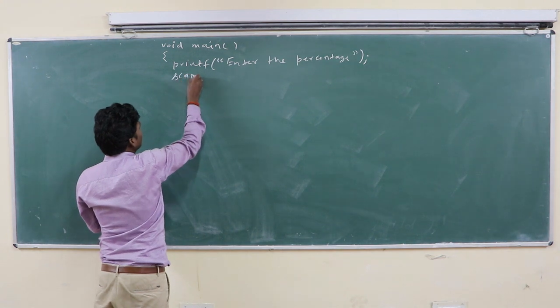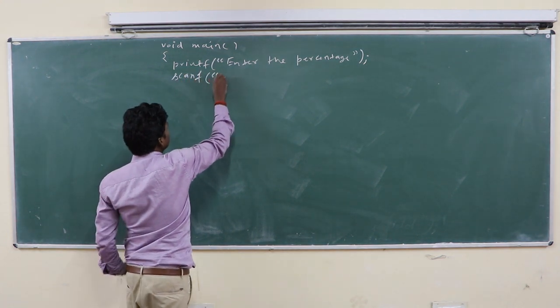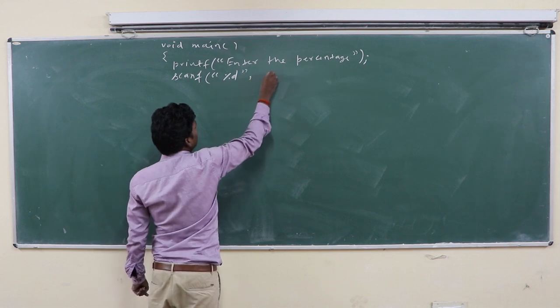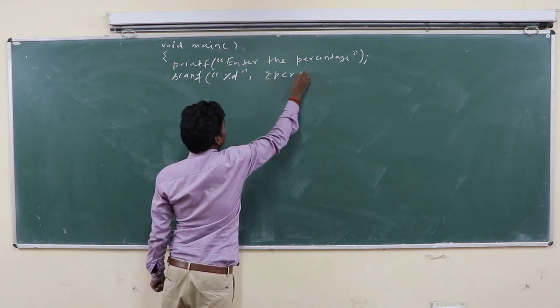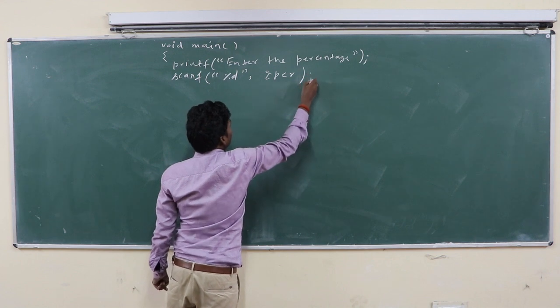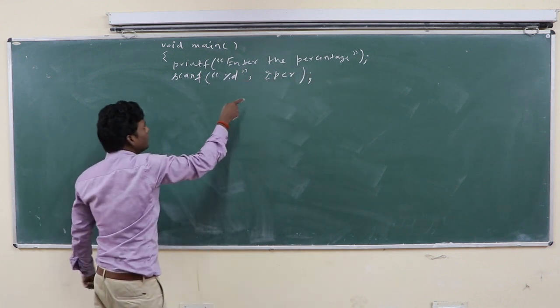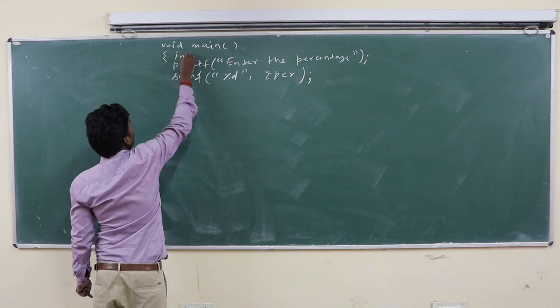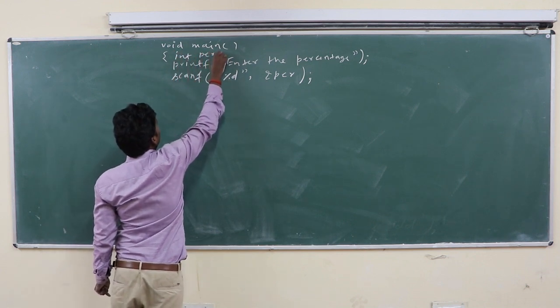Enter the percentage. The student inputs their percentage through scanf %d PER. So PER is inputted here, but we have not declared PER. So first declare PER, int PER.